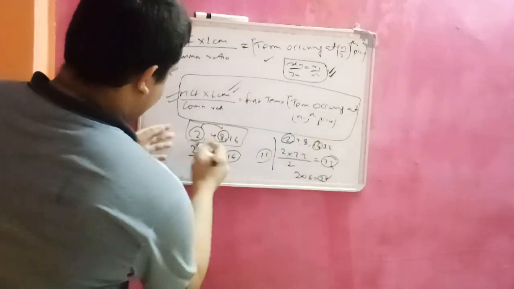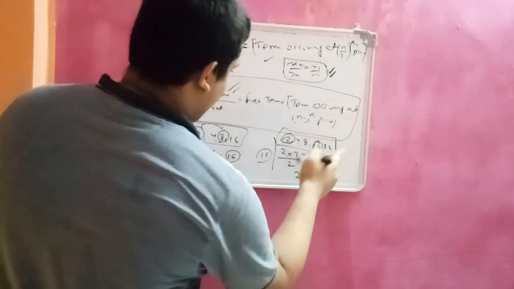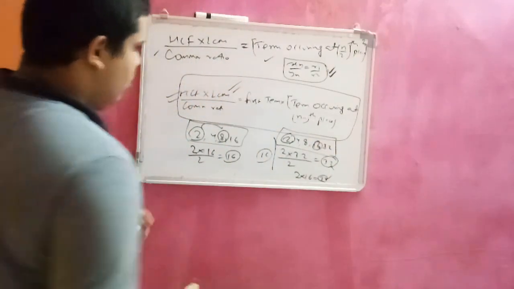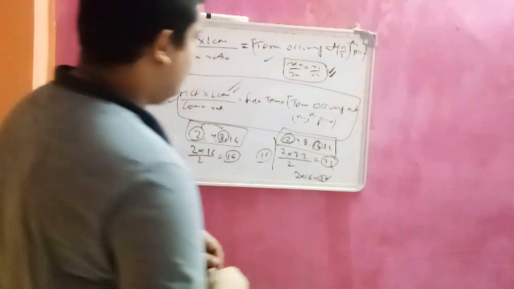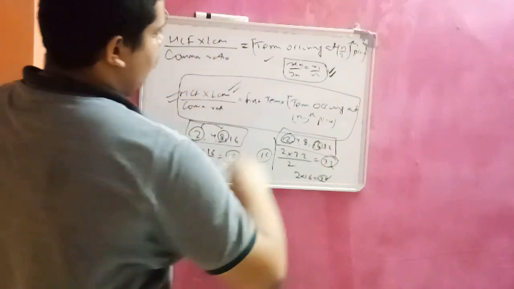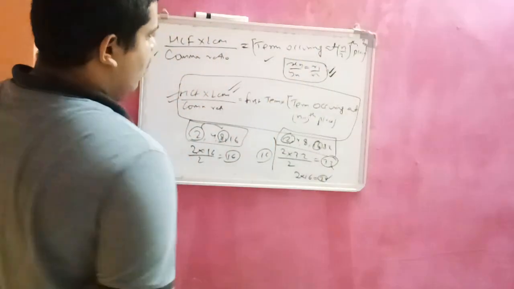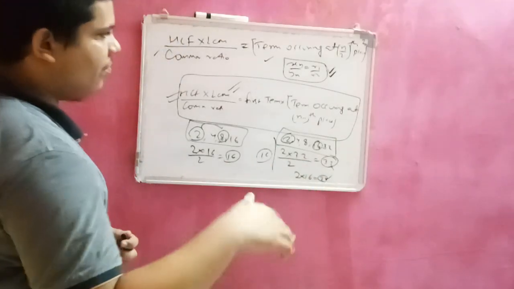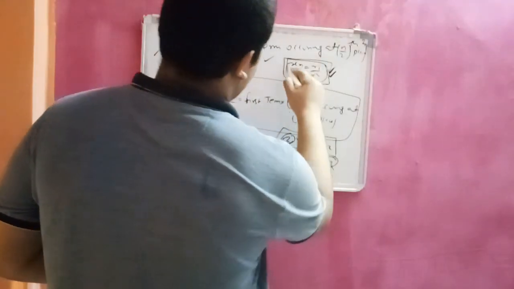So here the number of terms is 4, and the number of terms is 5. This is applicable for both. So using this, I made a new relation. You can check or see my second research paper. The main content of my second research paper is this relation.